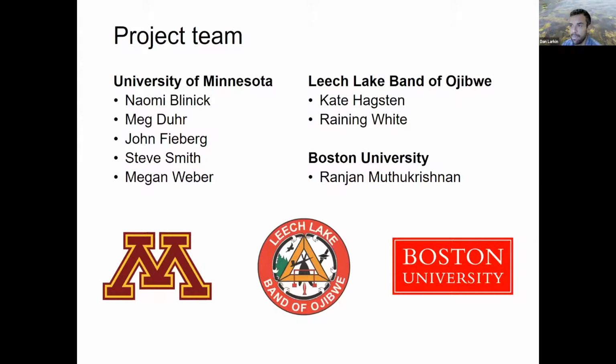Several people from the University of Minnesota, including Steve Smith, who's a PhD student in my lab, who will be working on this project as part of his dissertation. We have collaborators from the Leech Lake Band of Ojibwe, Kate Hagston and Rainey White from their Department of Resource Management, and from Boston University, Ranjan Muthukrishnan, who presented earlier today in a session that you might have been in on some of his research.